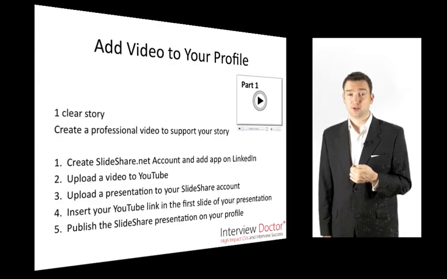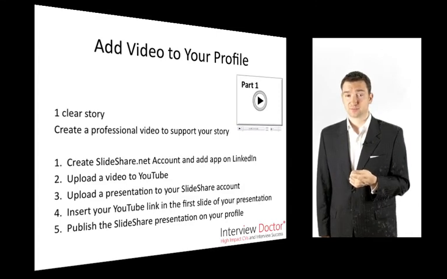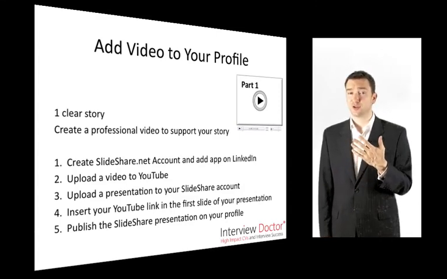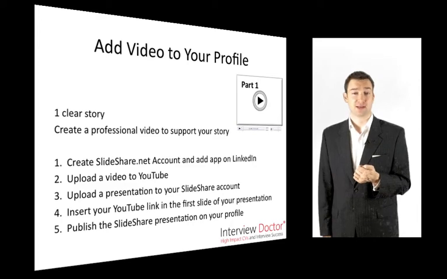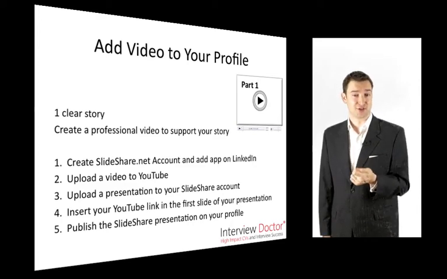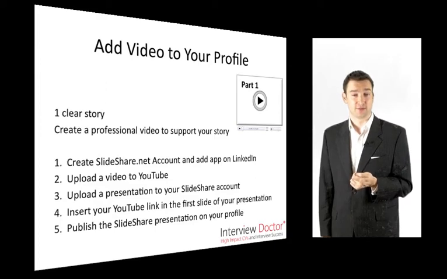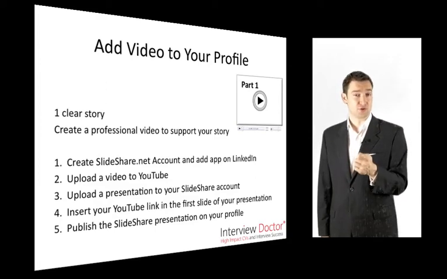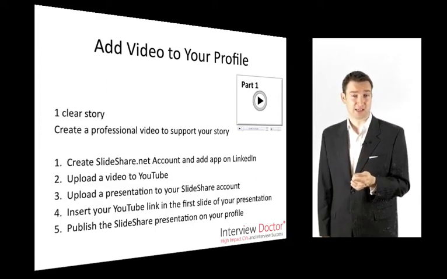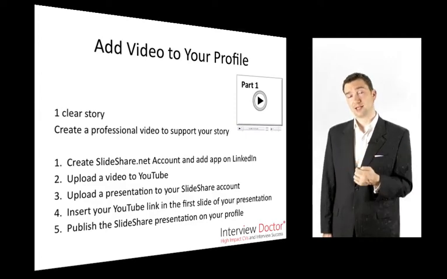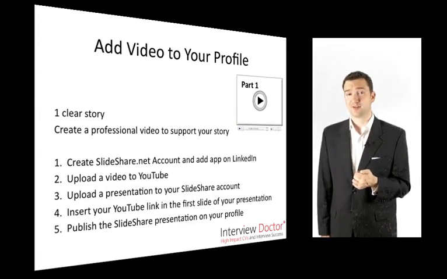Then you can upload the video to YouTube, upload a presentation to your SlideShare account, and insert your YouTube link on the first slide of your presentation. Once you've done that, you can publish the SlideShare presentation on your profile. If you need more information, you can just Google adding video to LinkedIn, and it will talk you through exactly this process. It's a very good way of standing out.